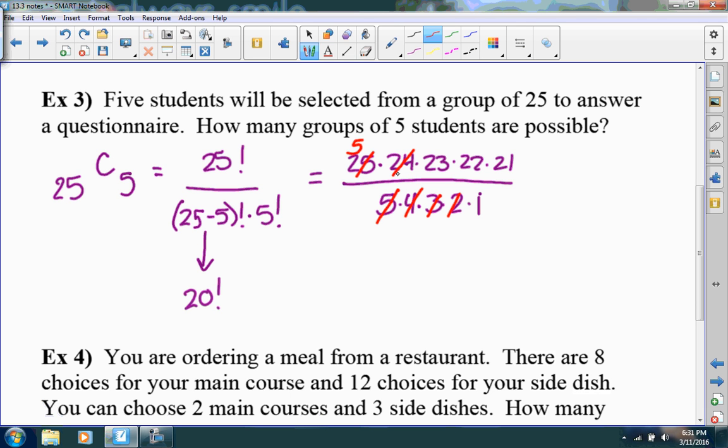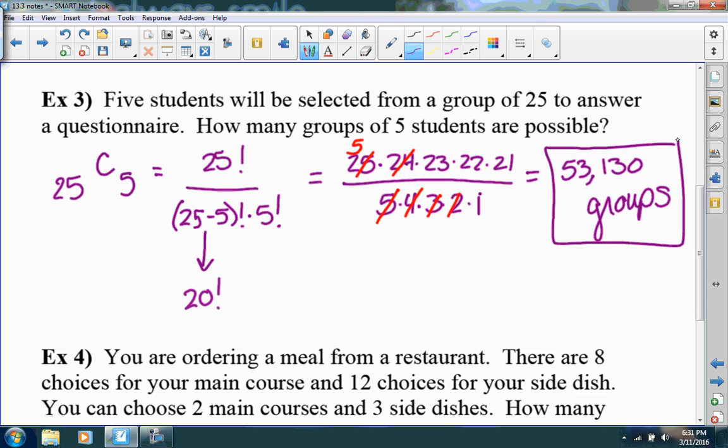So now I'll have to just do 5 times 23 times 22 times 21. So my final answer then will be a little bit larger, 53,130 groups. So that's a large number, but again, it's not as big as what the permutation would be because we're getting rid of all the repetition.